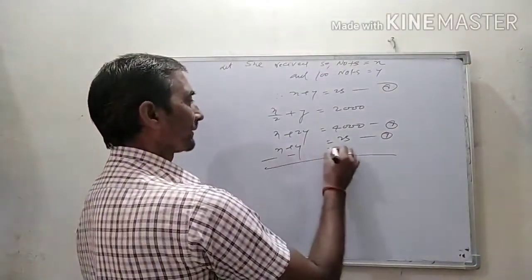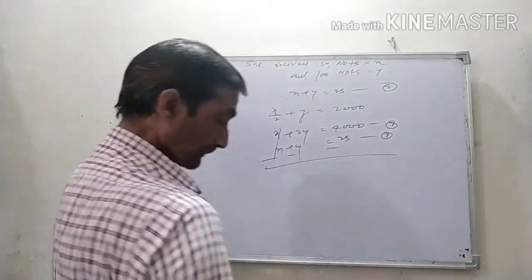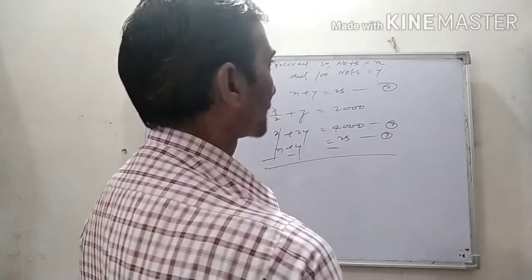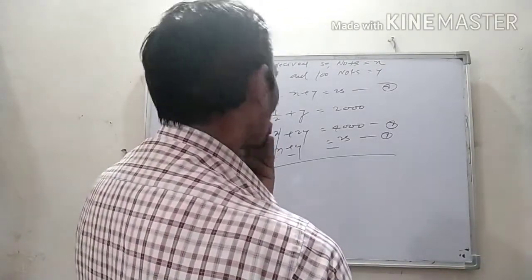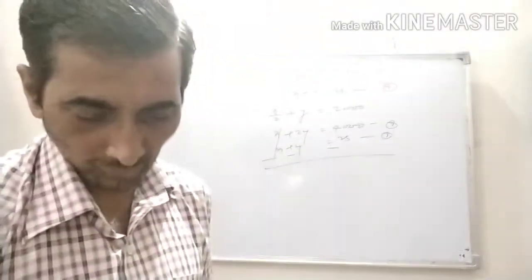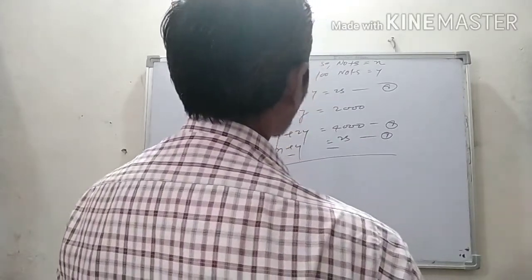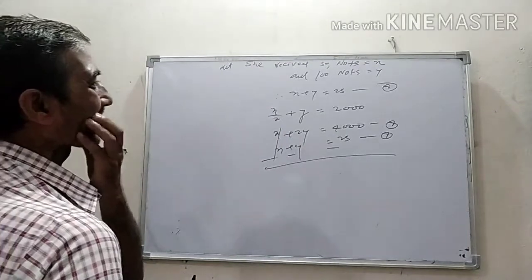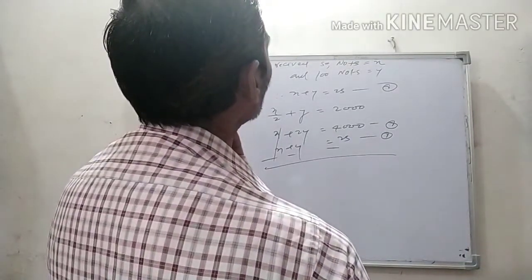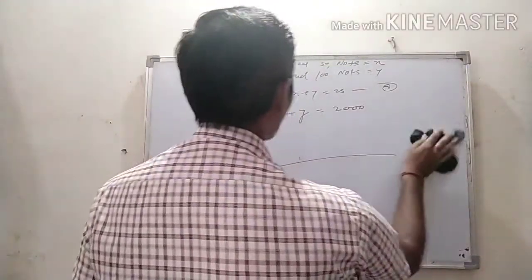First solve it. One minute, something goes wrong. 50 note is x, 100 note is y. She withdrew 2000.